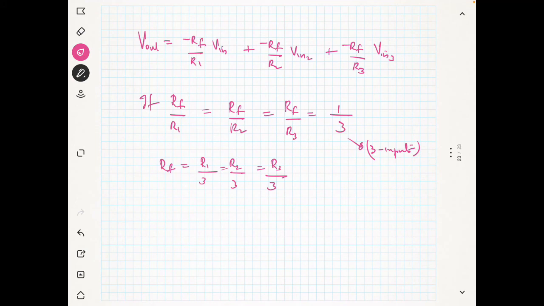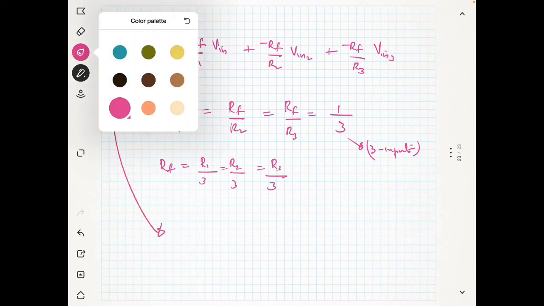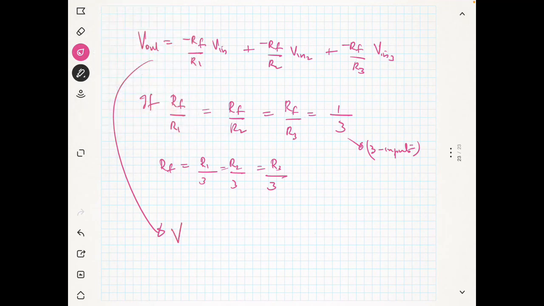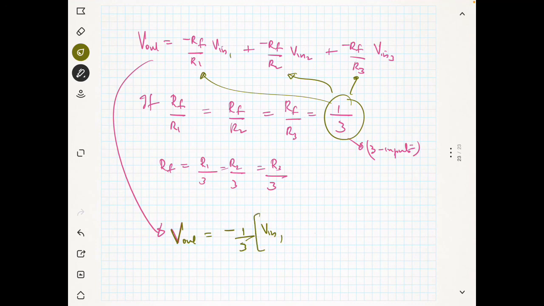So what will happen now? This equation becomes V out is equal to minus of, this becomes 1 by 3, everywhere it becomes 1 by 3. So minus 1 by 3 into V in 1, I can take it common, that's why it is V in 1 plus V in 2 plus V in 3.